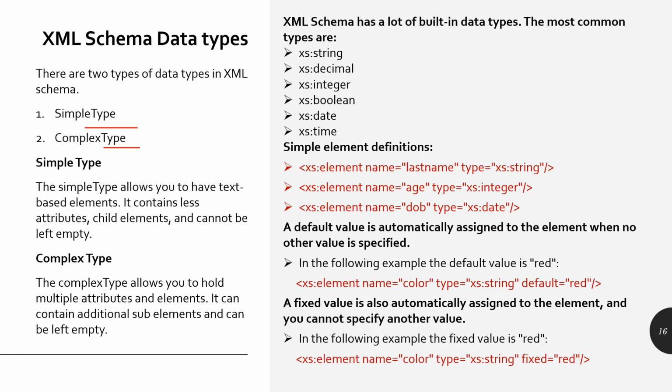It contains no attributes or child elements, and cannot be left empty. Whereas in the case of complex type, it allows holding multiple attributes and elements. It can contain additional sub elements and can be left empty.